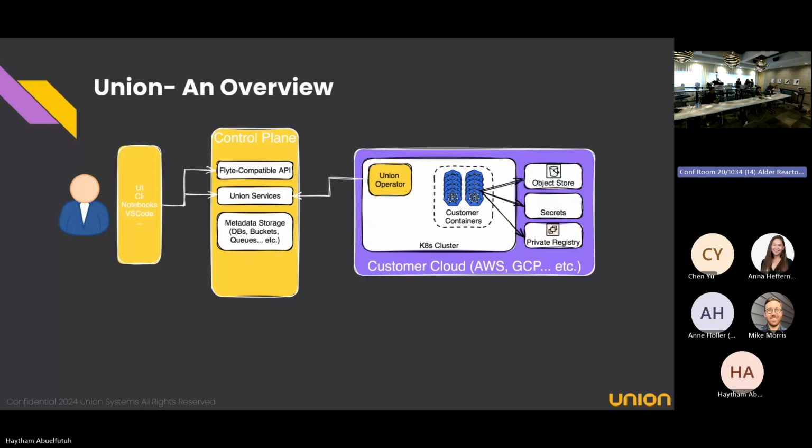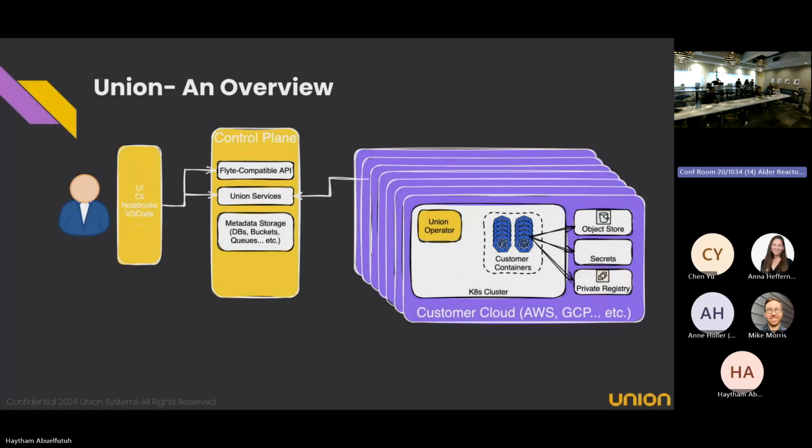This is the architecture we have at Union, and that's what allows us to run multi-cluster, multi-cloud support. Very typical: each cluster runs in a customer's cloud. It has our own operator that connects back into our control plane, and it schedules the pods and whatnot on the cluster.